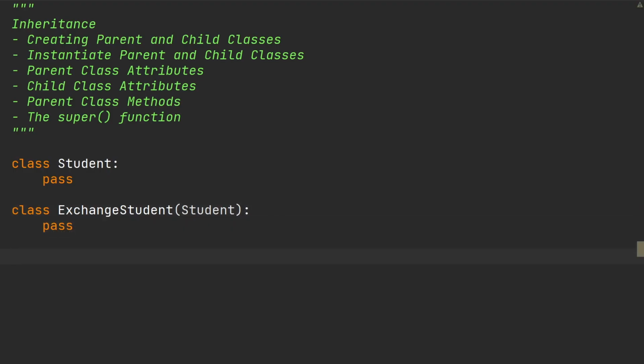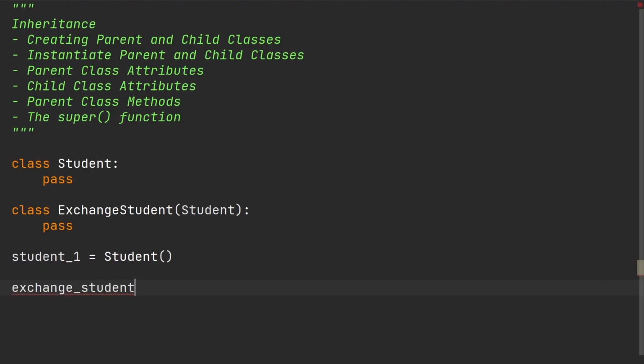Even though both of these classes don't do anything at the moment, we can already make instances of both of these classes. To create an instance of the Student class, we can write student_1 = Student(). And similarly, if we want to create an instance of the child class ExchangeStudent, we can write exchange_student_1 = ExchangeStudent().